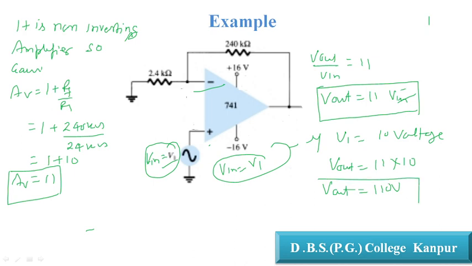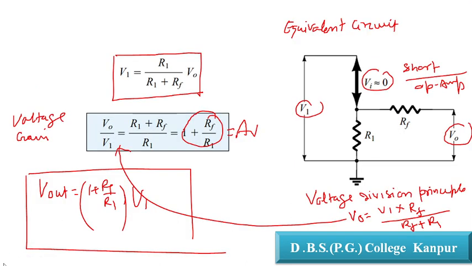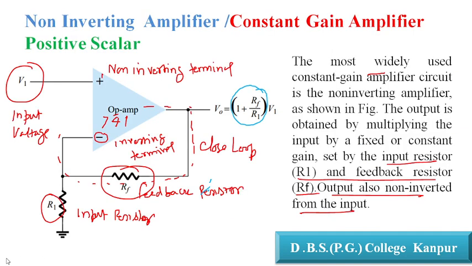So this is a very important result and this is your answer. This is a numerical problem for understanding your concept and its detail. I think you have well understood the non-inverting amplifier.